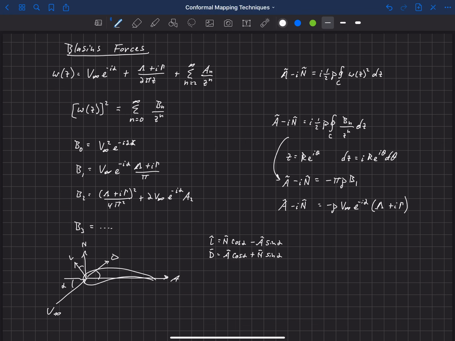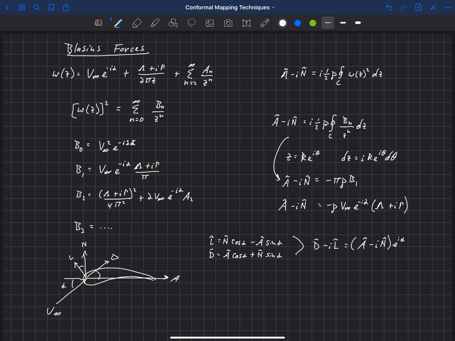Okay, it turns out that we can rewrite this in a complex form as D minus i L is equal to A minus i N times e to the i alpha.